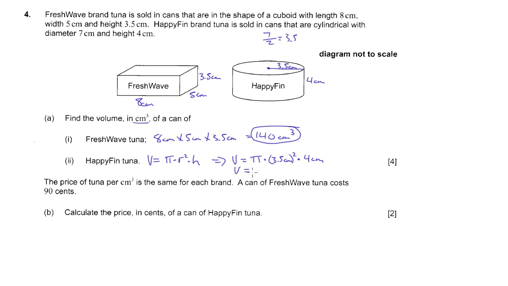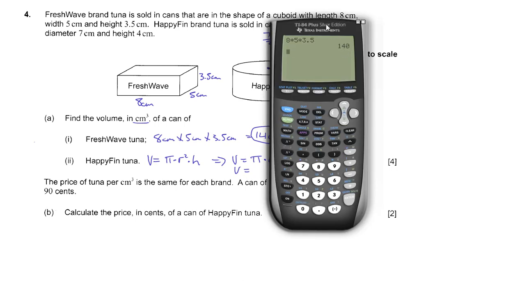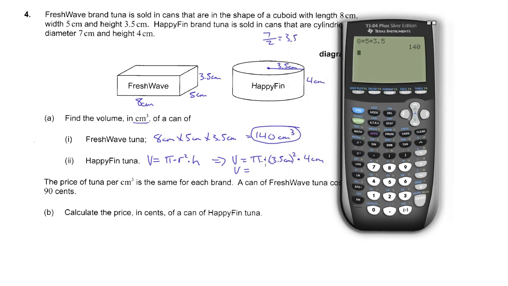Okay, so volume is going to equal, let's calculate that out. Whenever you're using pi, always hit the pi button. Don't hit 3.14 because that's going to most likely throw your answer off a little bit and possibly lose you a point. So let's use the pi button.